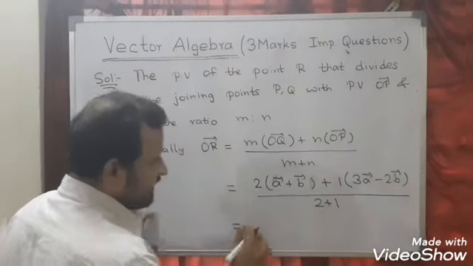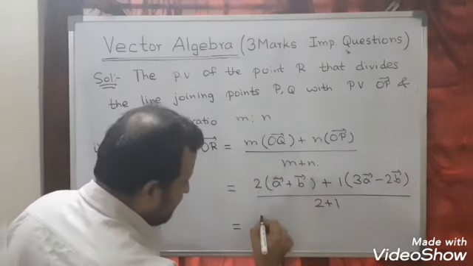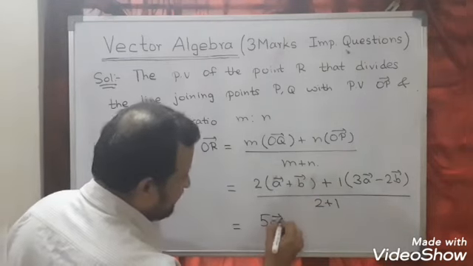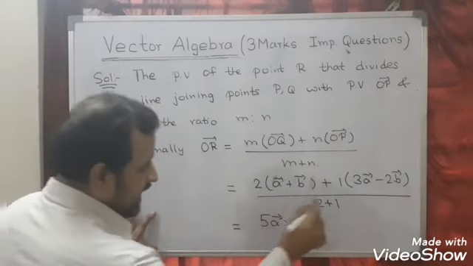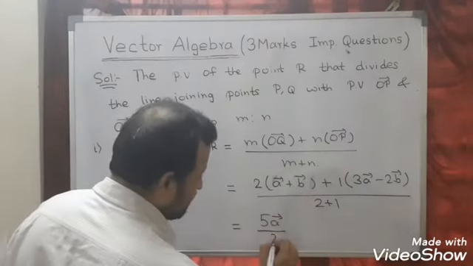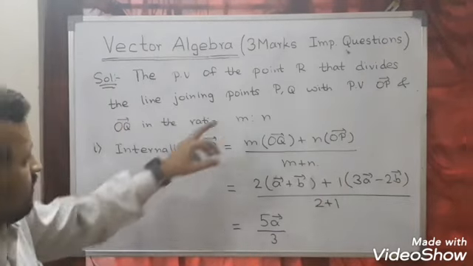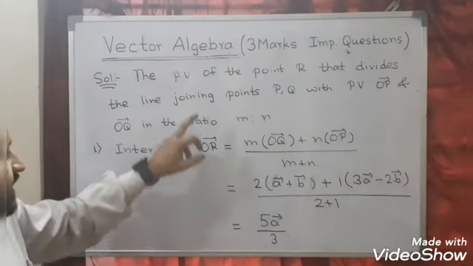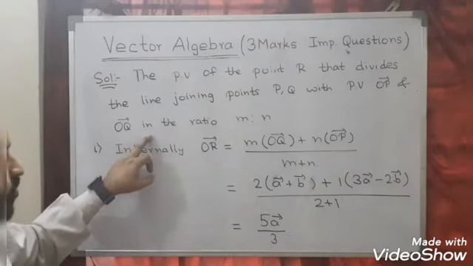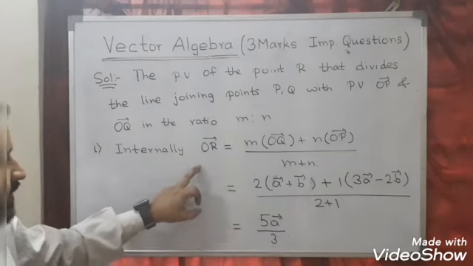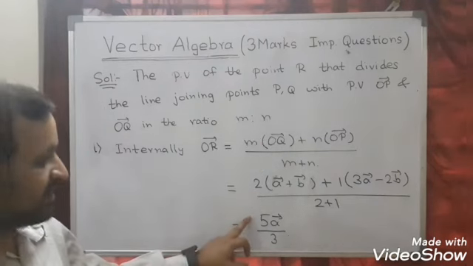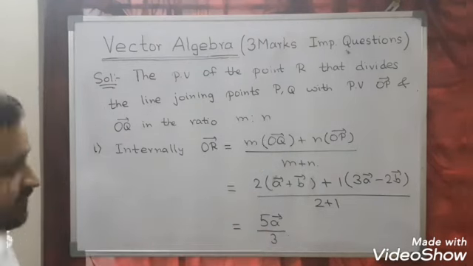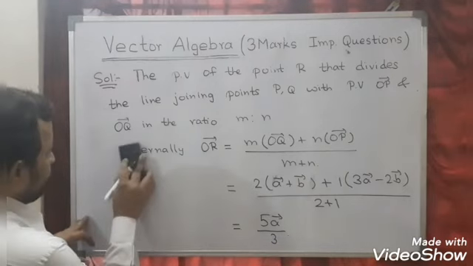So writing directly, 2A plus 3A, you will get 5A vector. 2B minus 2B is 0, and 2 plus 1 is equal to 3. So OR, which divides OP and OQ internally in the ratio 2:1, is given by 5A vector divided by 3. So this is internally. We have to find externally also.